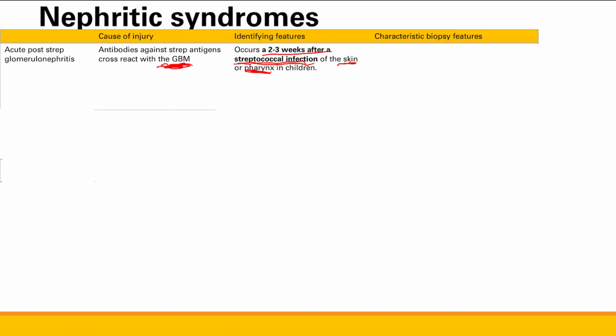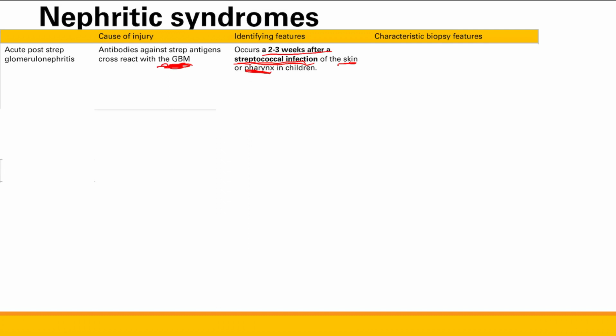What were the signs of nephritic syndrome? Do you remember that? Things like hematuria, red blood cell casts, and you can also see poor filtration leading to edema and buildup of the waste products. Again, 2 to 3 weeks after streptococcal infection.